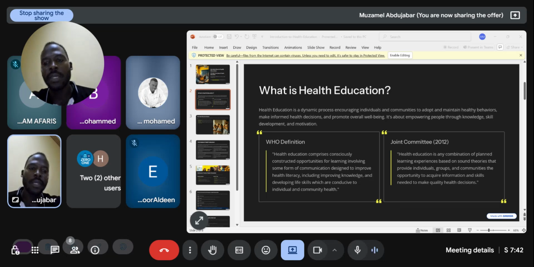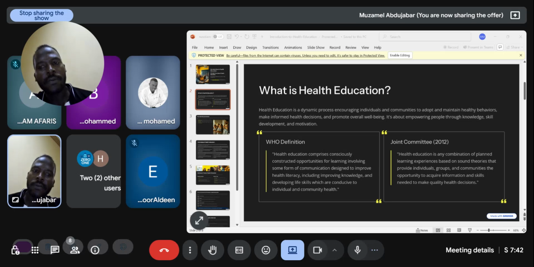Now let us see the health education definition from the Joint Committee perspective.